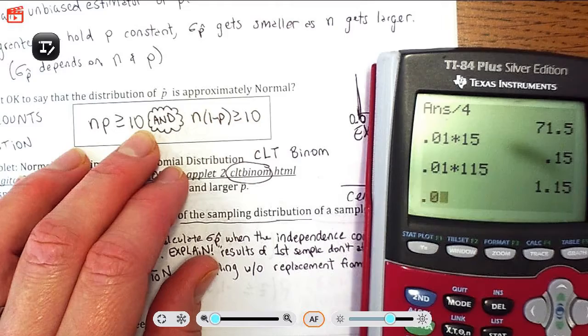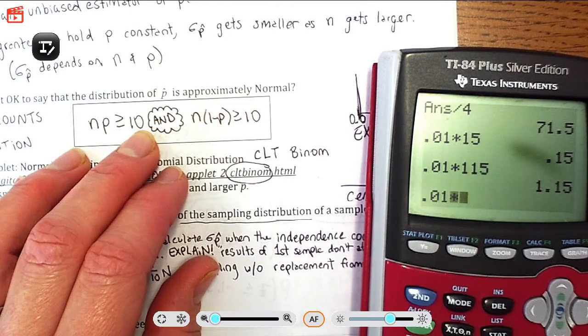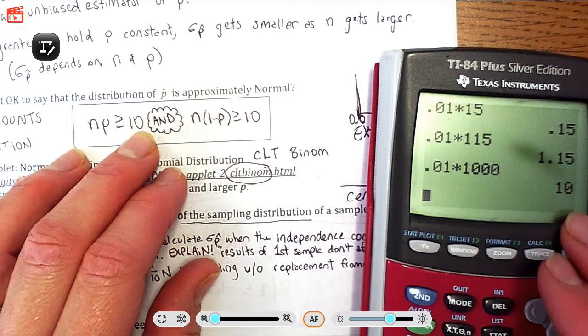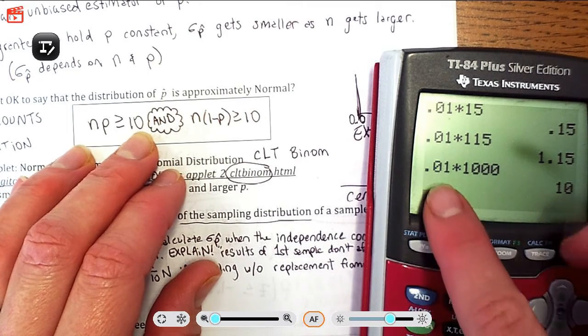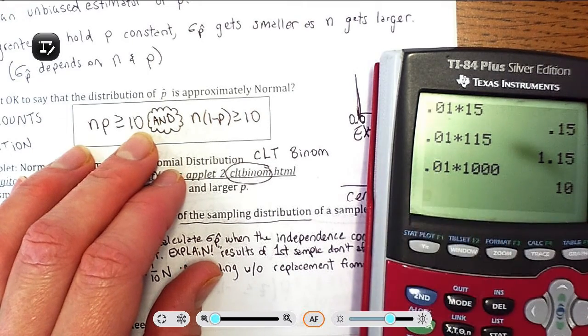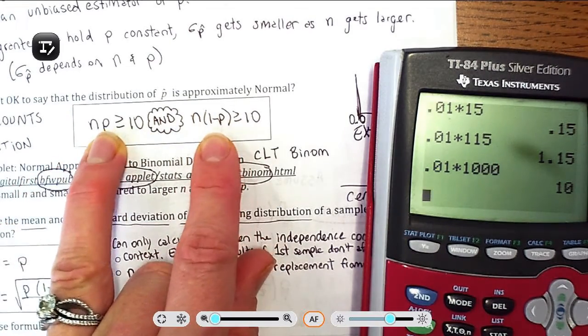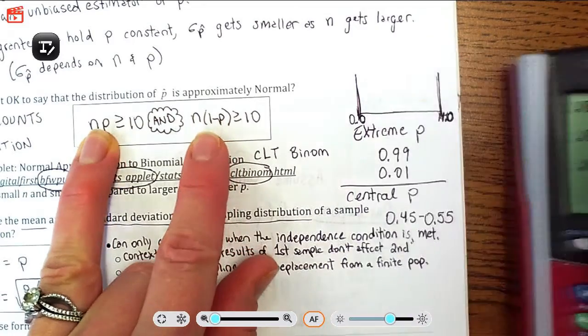Okay, so 0.01 times 1,000 does though. So if you have a really extremely low or extremely high sample proportion, then one of these is going to fail unless your sample size is really, really large.